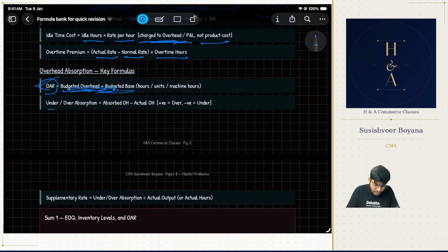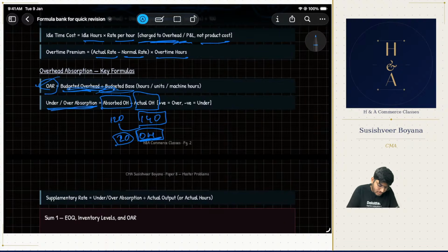Under or over absorption comes when absorbed overhead differs from actual. Under absorption is when absorbed overhead is less than actual. So absorbed is only 120, but actual is around 140. That means out of this difference, 20 of overhead I have not absorbed. That means I've under absorbed.